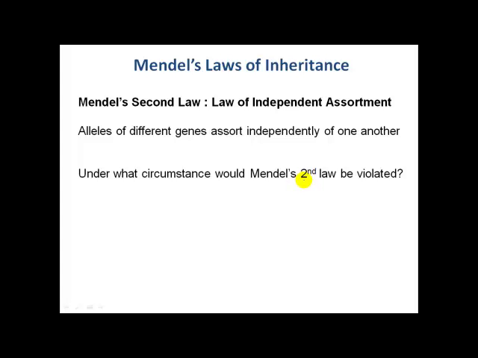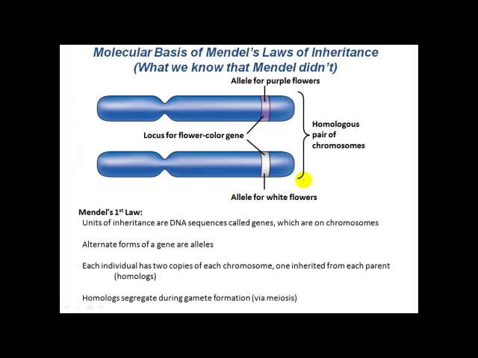We might see genes being inherited together because they're physically on the same bit of DNA. And we'll come back to that later and talk about that in the second genetics video, where we'll flesh that out a little bit more and think about so-called linked genes that are present on the same chromosome and how they're inherited.